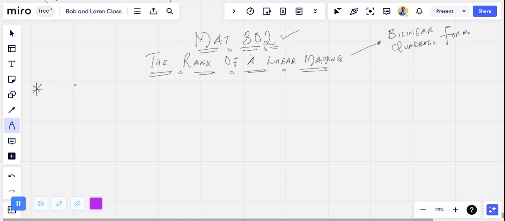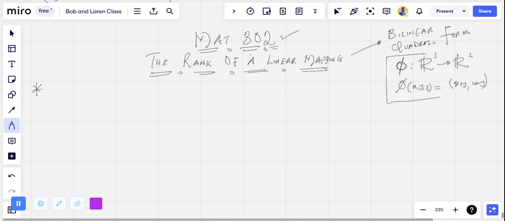If you have been asked to find the rank of a linear mapping, you're familiar with a linear mapping, whereby you are given a linear map. Let's say you're given a linear map phi defined from R3 into R2, where x, y, z maps to x plus y and 2x minus y.